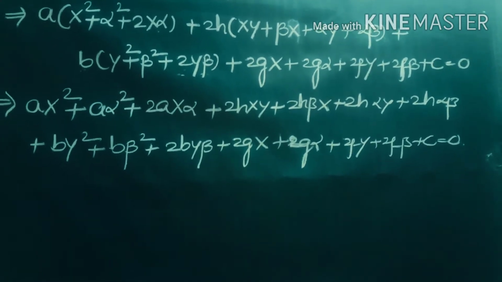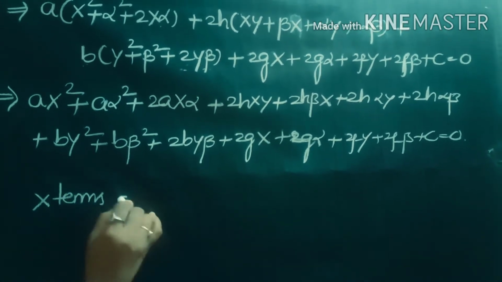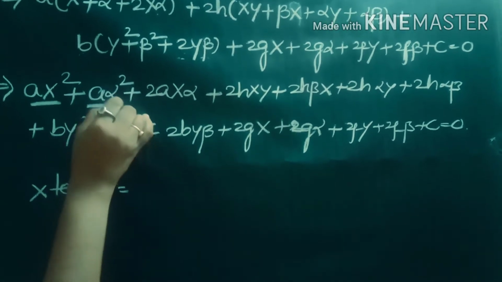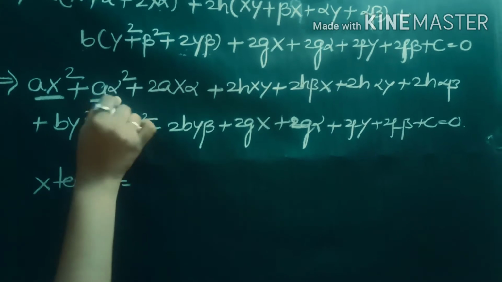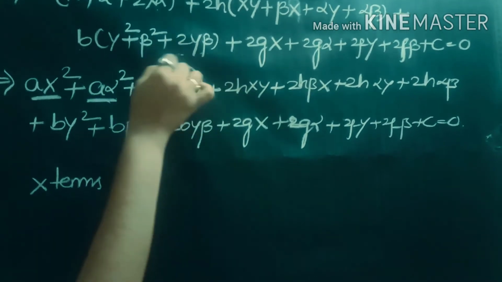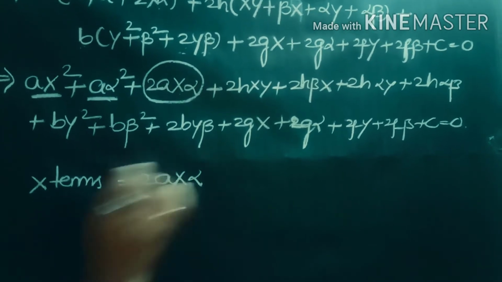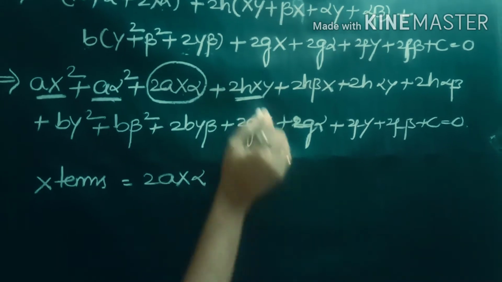So what are the x terms here? First I take the x terms from this equation. x square is the x square term. a alpha square is a constant, since here we have no x and y term. 2a x alpha, this is the x term. So first we are taking the term 2a x alpha. 2hxy is the xy term, not an x term.